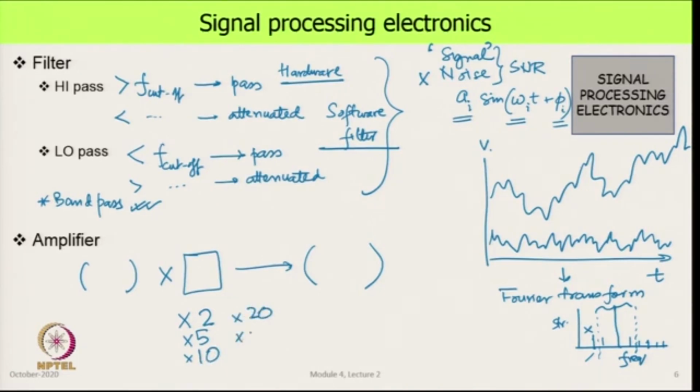You could multiply it by 20, 50, 100 or even 1000, and you got fixed amplification. These days you can get amplifiers where you can select even other values instead of just these ones. So, this was what was earlier hardware amplification.